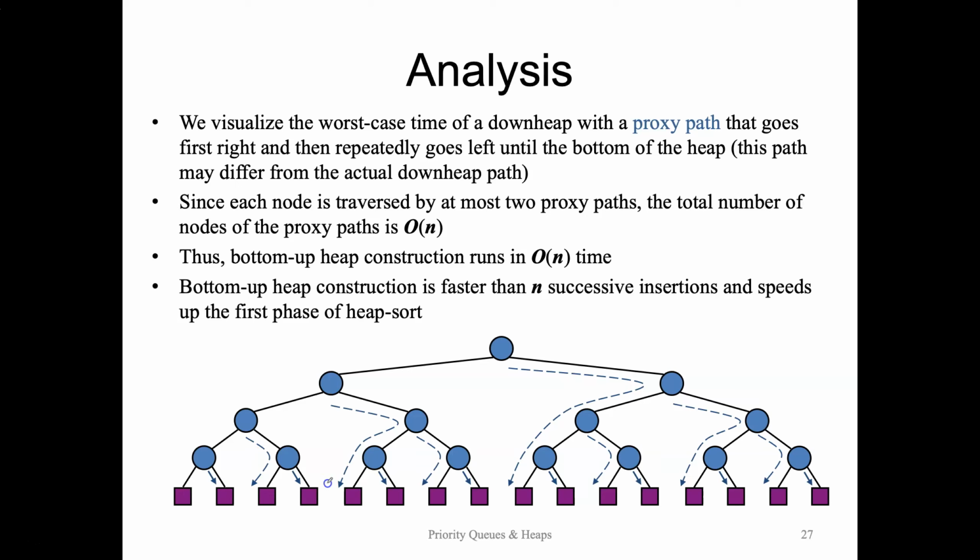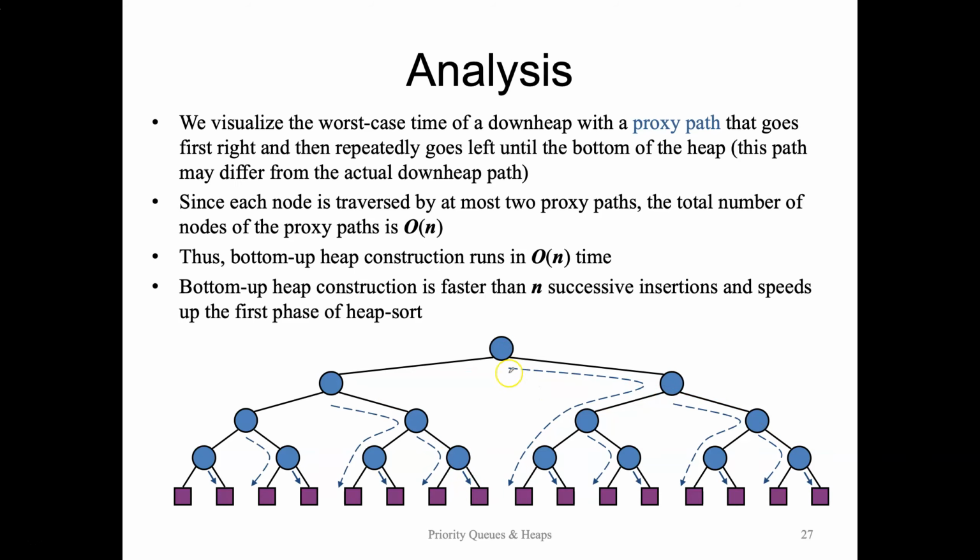So whether we swapped this root node to the left and then to the right and then to the right and then to the left, or if we went to the right and then the right and then the right all the way down, or maybe to the right and then to the left, no matter which direction we went, in the worst case, we go from the top all the way to the bottom, right? So no matter which way we visualize this, going from the top all the way to the bottom, we still have the same number of swaps that would occur in the worst case.